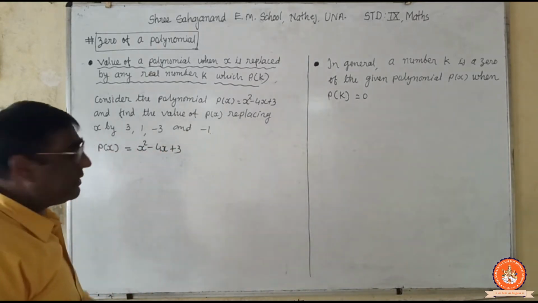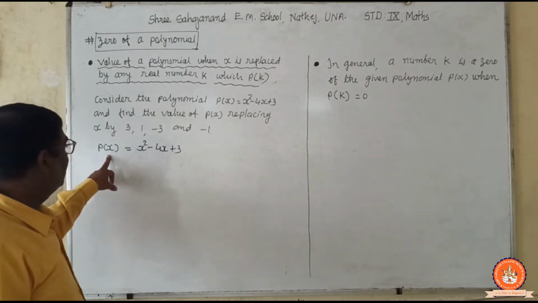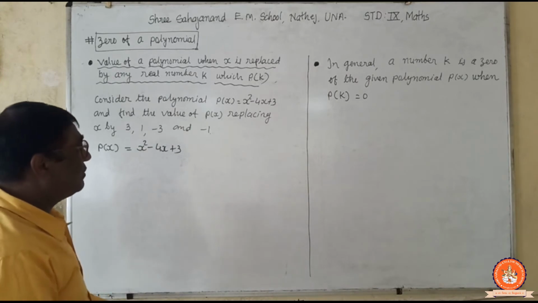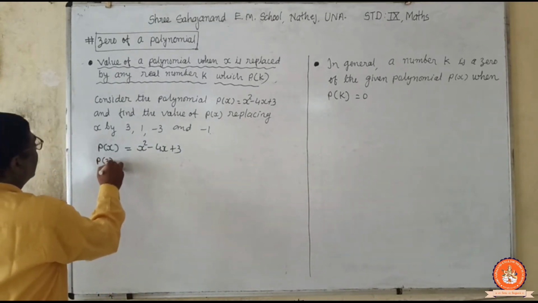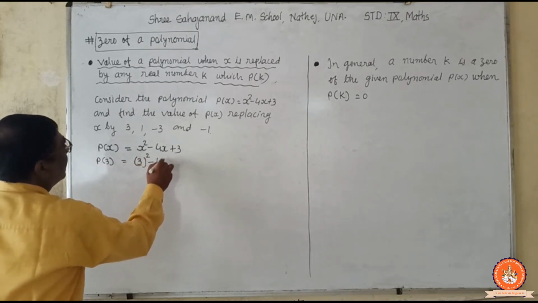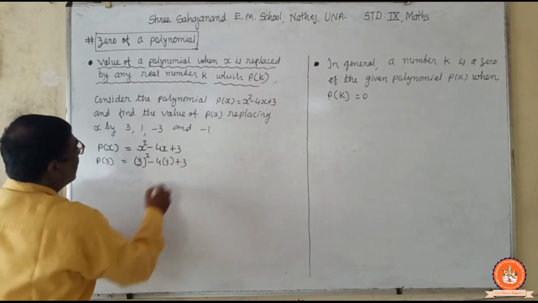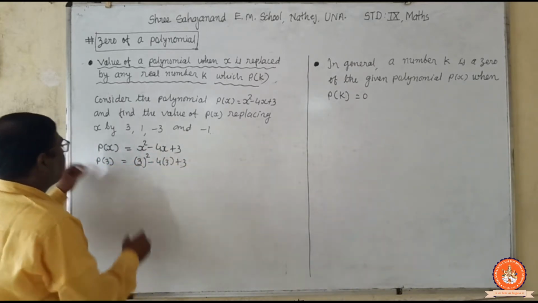Now we have to find the value of the polynomial by replacing x by 3. When we put 3 in place of x, it is called p of 3. p of 3 is equal to square of 3 minus 4 into 3 plus 3. Look, we replaced x by 3.